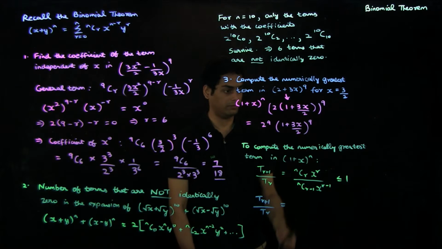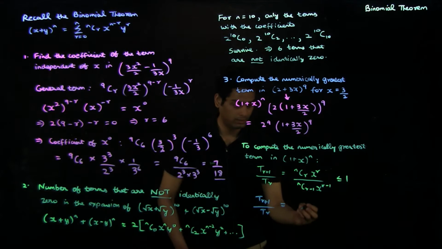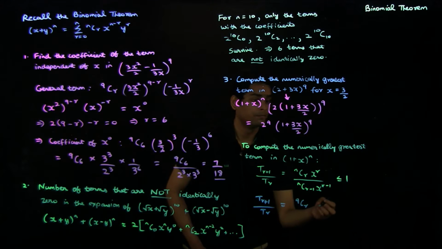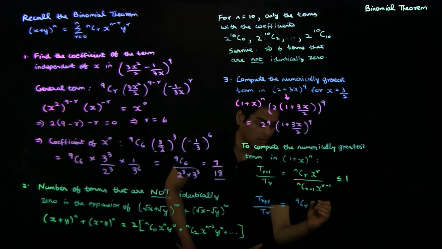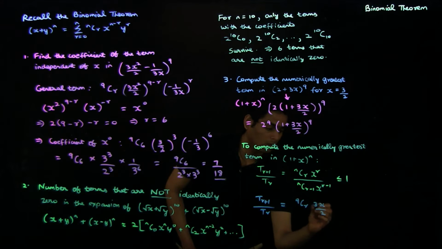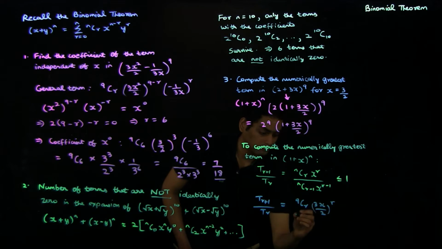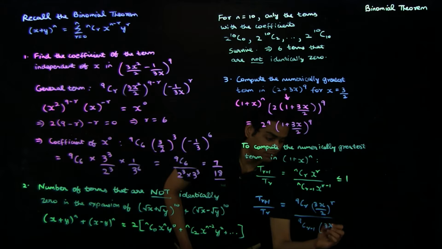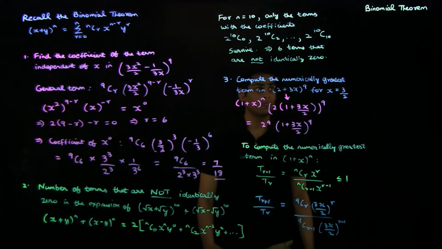We just concentrate on (1 plus 3x by 2) whole power 9, and this gives us 9Cr times (3x by 2) whole power r. The denominator gives us 9C(r minus 1) times (3x by 2) whole power (r minus 1).